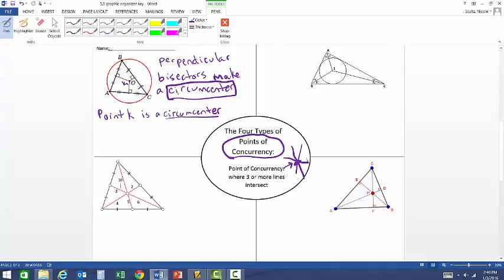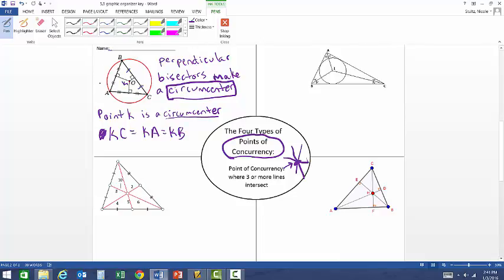Now there are special rules with the circumcenter. And those rules are the following. From K to C, K to A, and K to B, they are all the same distance.